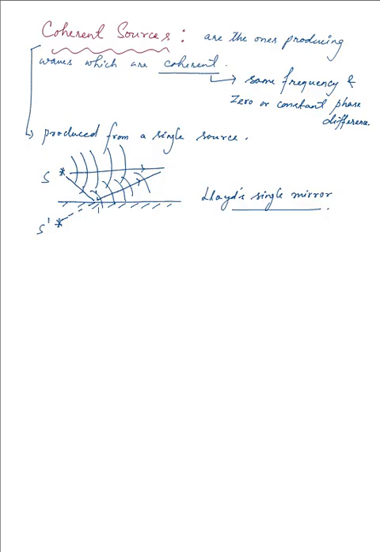There's another method of achieving two sources out of one. It is obviously very effective that we choose the same source. We obtain two sources from one because we have the condition of same frequency or same wavelength. So the second case is that of a source being placed in front of what we call a biprism.